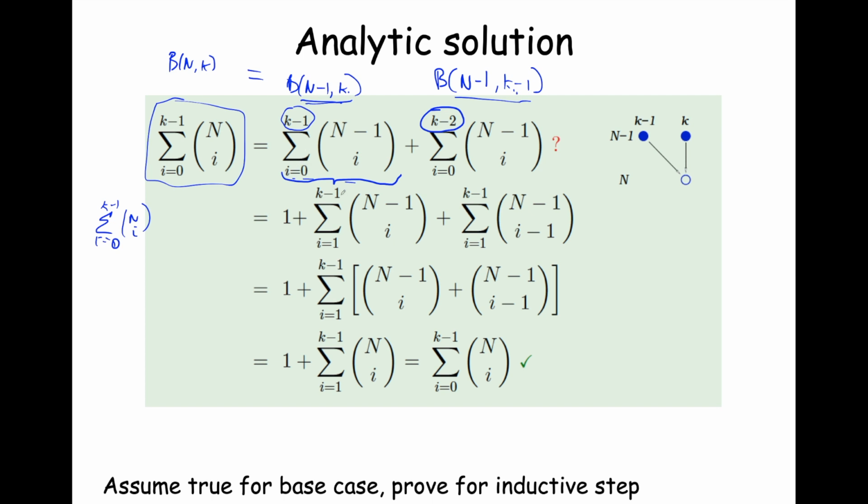That leaves the sum for i equals 1 to k minus 1 of n minus 1 choose i. If we evaluate n minus 1 choose 0, that's nothing more than just 1. So there's our 1. And so this 1 plus the summation i goes from 1 to k minus 1 of n minus 1 choose i is just the equivalent of this first term on the right-hand side of equality that you get by peeling off that i equals 0 term.